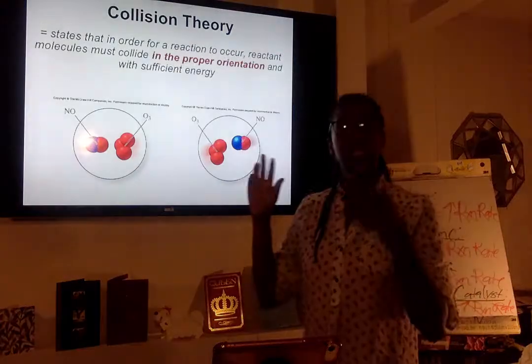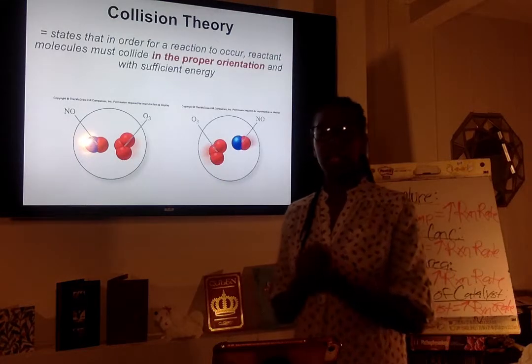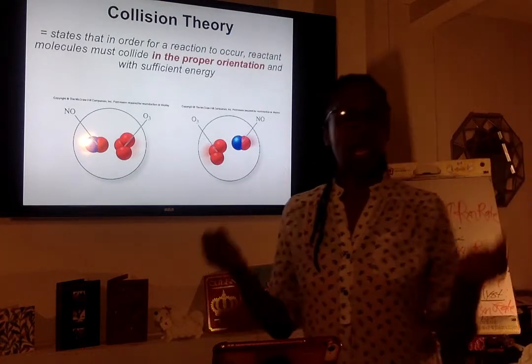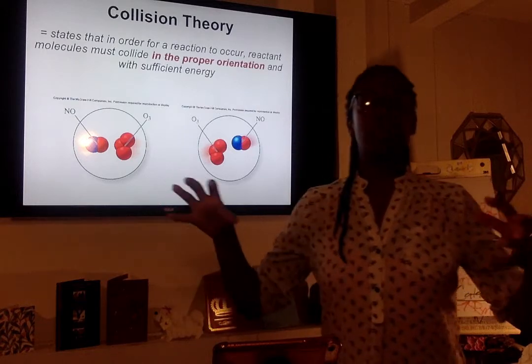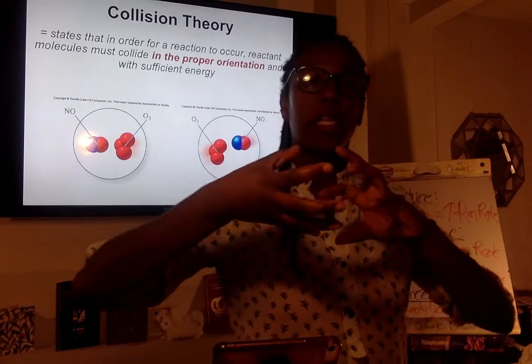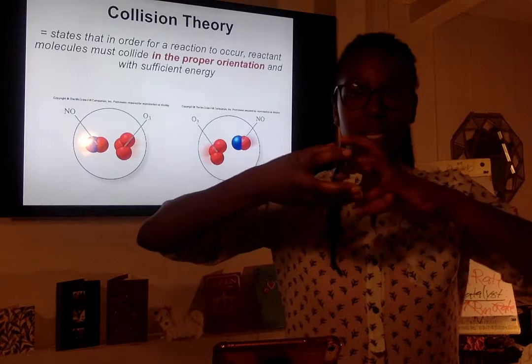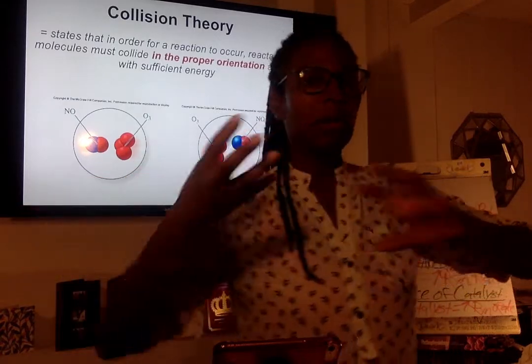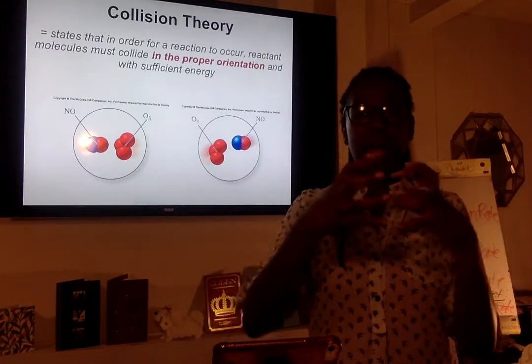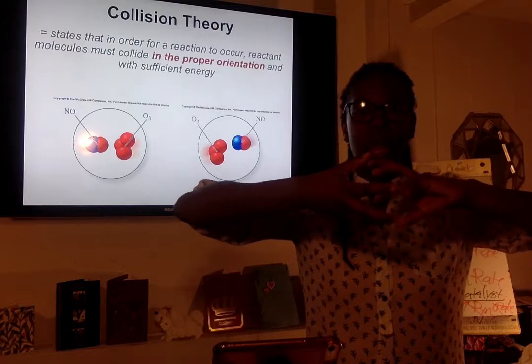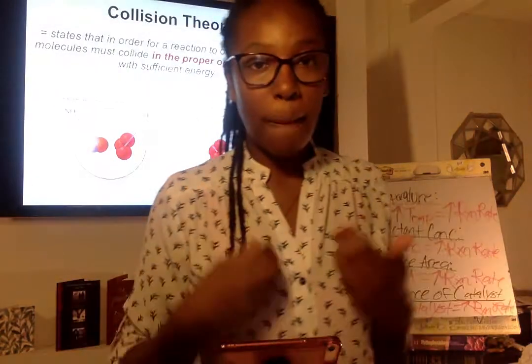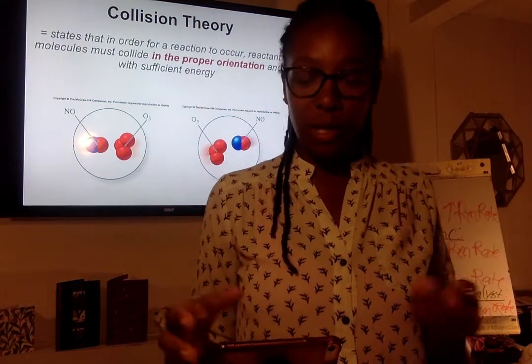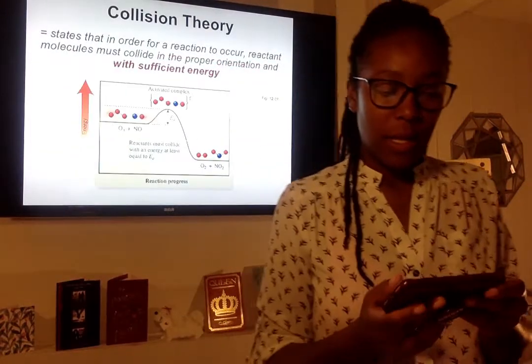So basically the collision theory is saying that in order for a reaction to take place, there must be a collision in the proper orientation with enough energy to come together. So they must collide, move, and be energetic, okay? Enough energy for that reaction to take place.